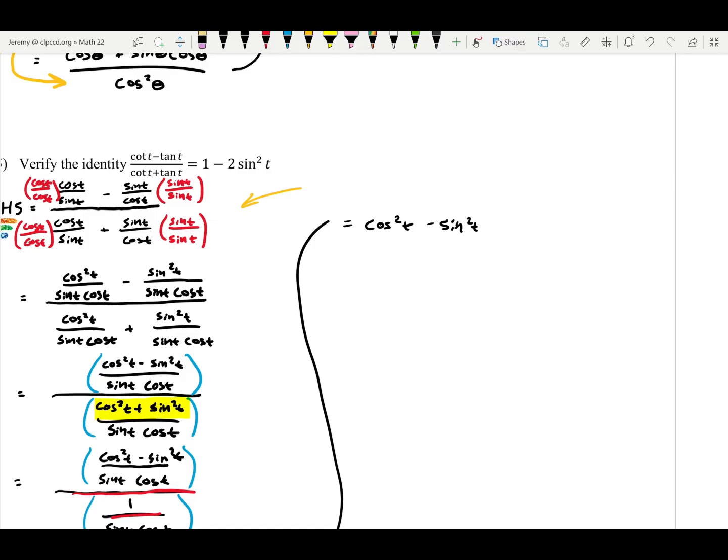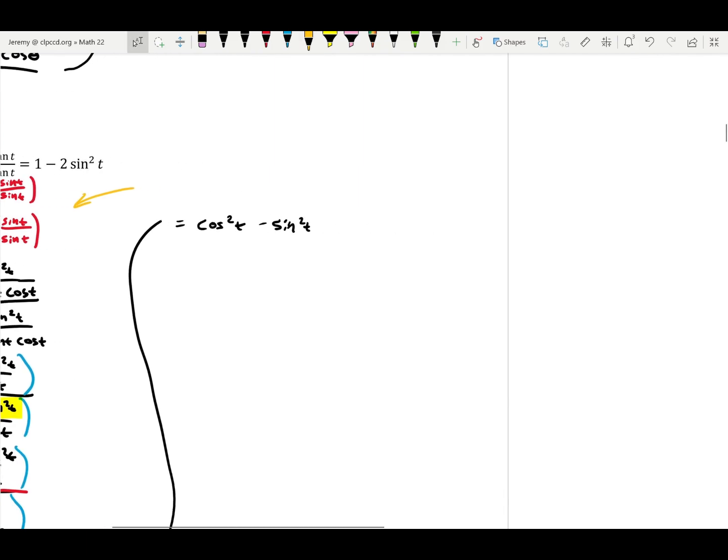Well, whenever I see a cosine squared or a sine squared, I know that the Pythagorean identity could come into play, right? Because remember, the Pythagorean identity for sine and cosine is sine squared t plus cosine squared t is equal to 1.